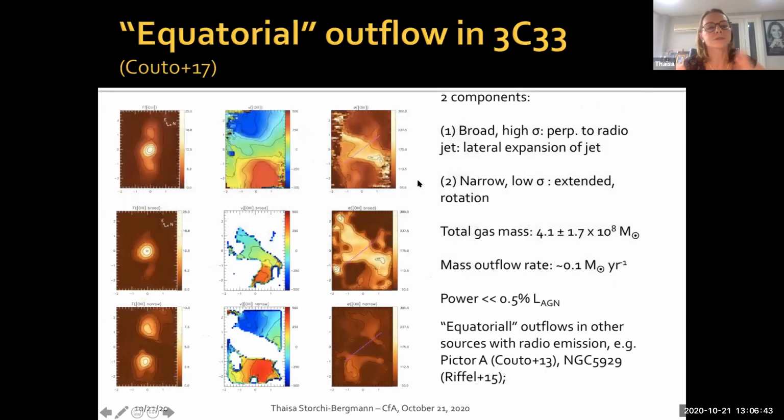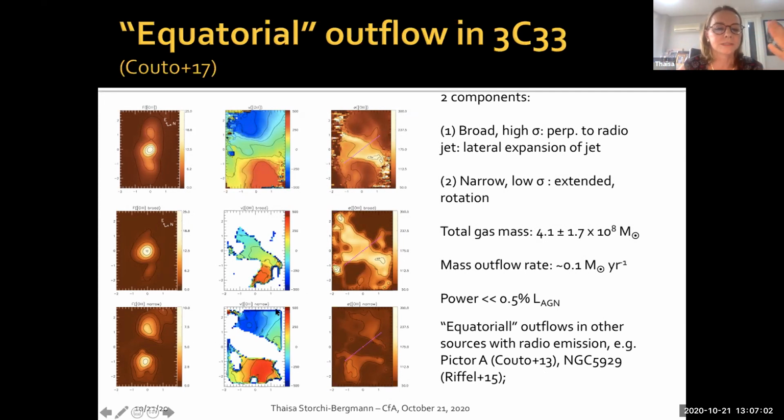But the most interesting thing that I would like to point out is that in this radio galaxy, we found two components in the inner region: a broad component and a narrow component.